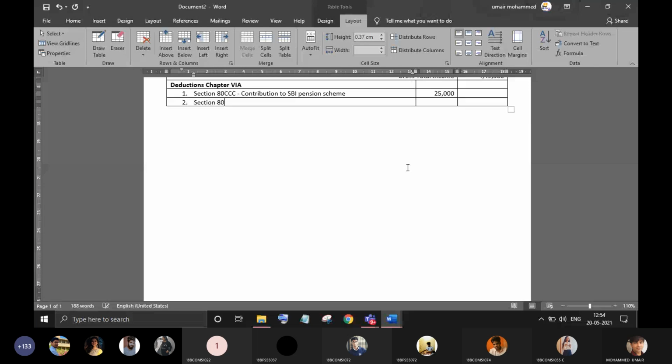Sum assured is 5 lakhs. Of 5 lakhs, or actual premium paid, whichever is less.